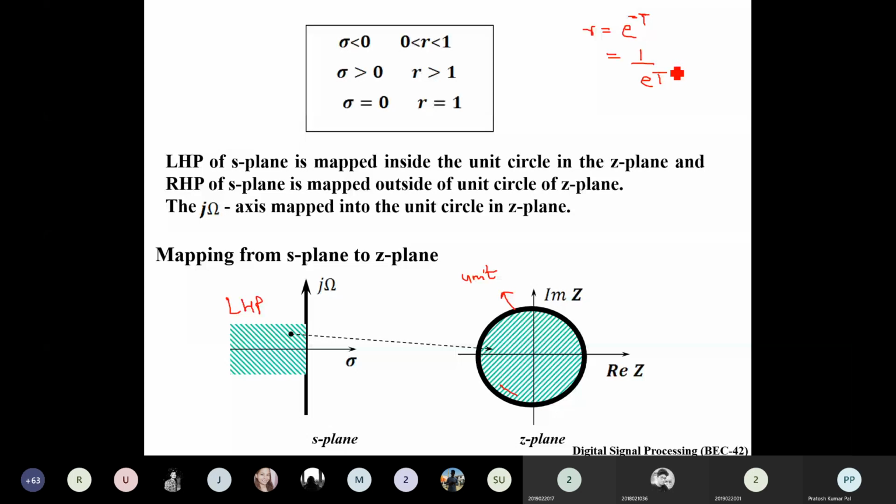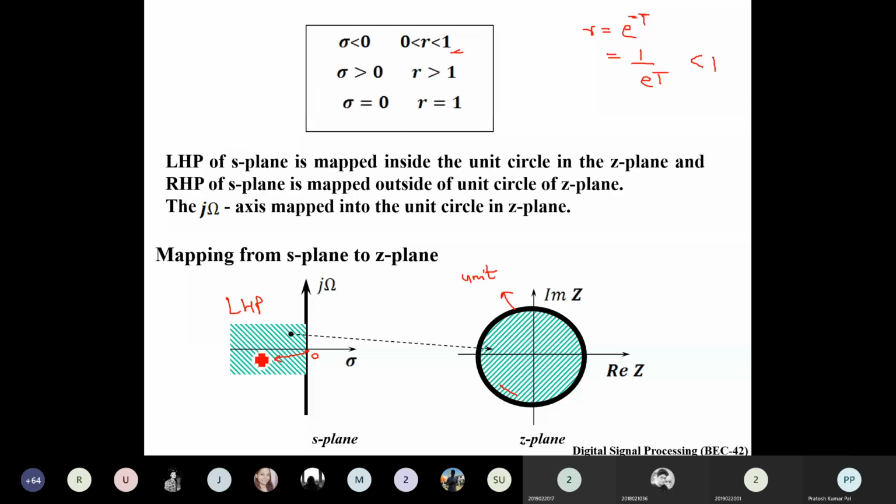That means if any s plane location has sigma less than 0, on the left half of the plane, the r value, that is the radius value, will be between 0 and 1. So this is the radius 1.